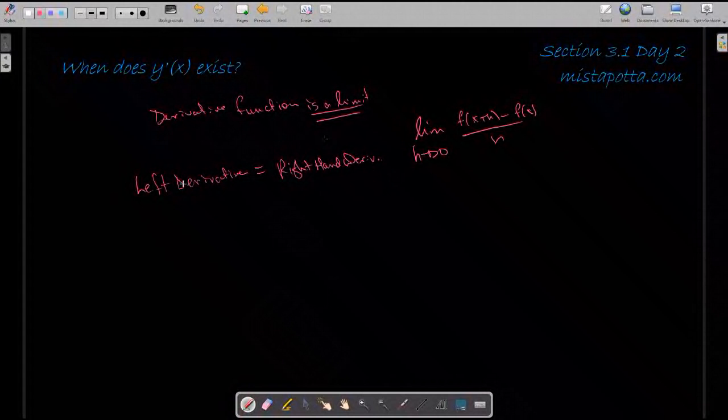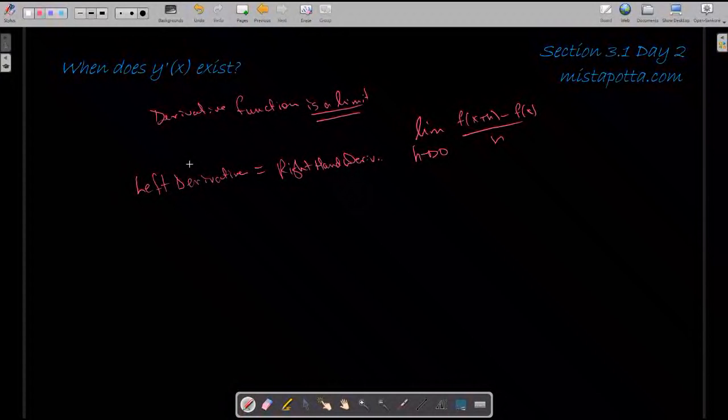And without those being equal to each other, y prime can't exist at that point. As a matter of fact, y prime can't exist at any of the points where the left derivative is not equal to the right derivative.